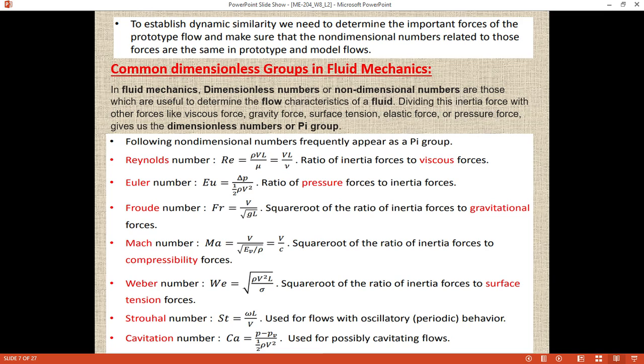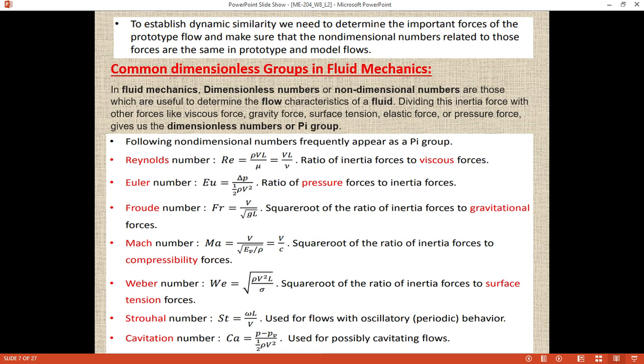Dividing the inertia force by other forces like viscous force, gravity force, surface tension, elastic force or pressure force gives us the dimensionless numbers or the pi groups. All the dimensionless numbers are a ratio of different forces.